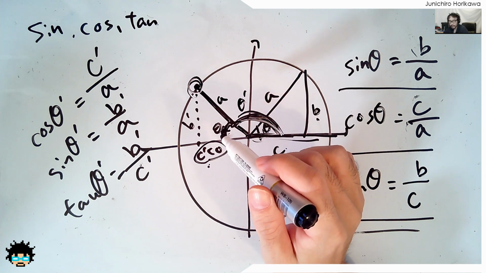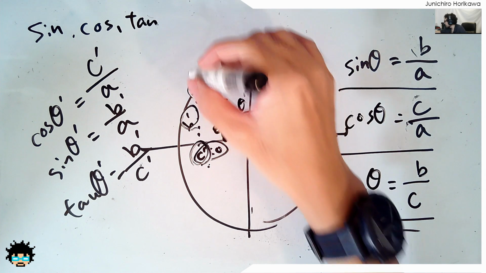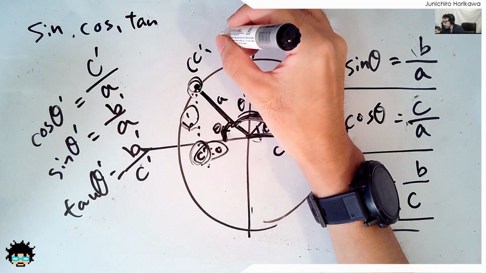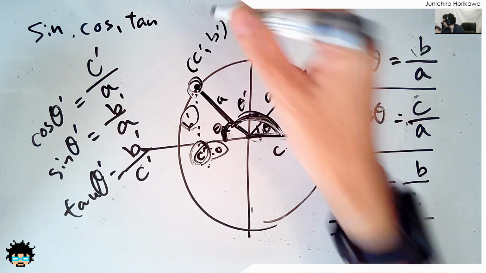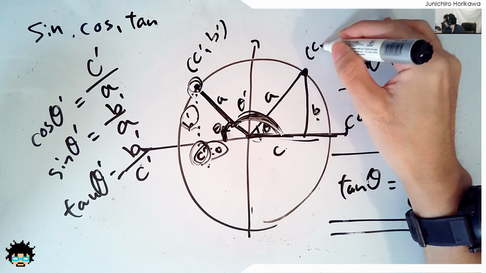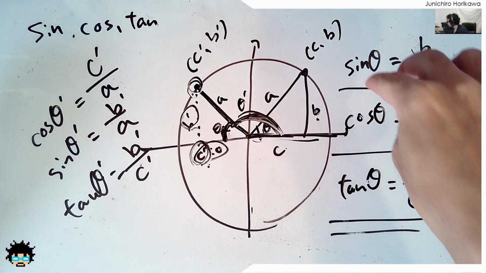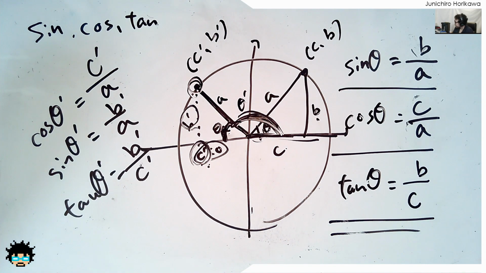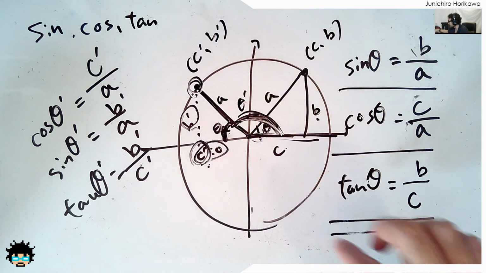When you are estimating the c prime or b prime here, which can also be expressed as a coordinate of this point on the circle, c theta and b theta, and this point can also be expressed as c, b. So by calculating the cosine and sine, or cosine prime and sine prime, you'll be able to estimate the point position on the circle.